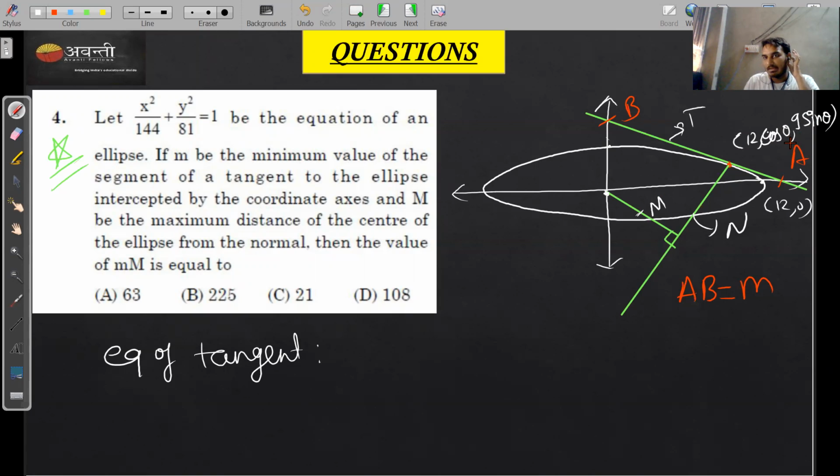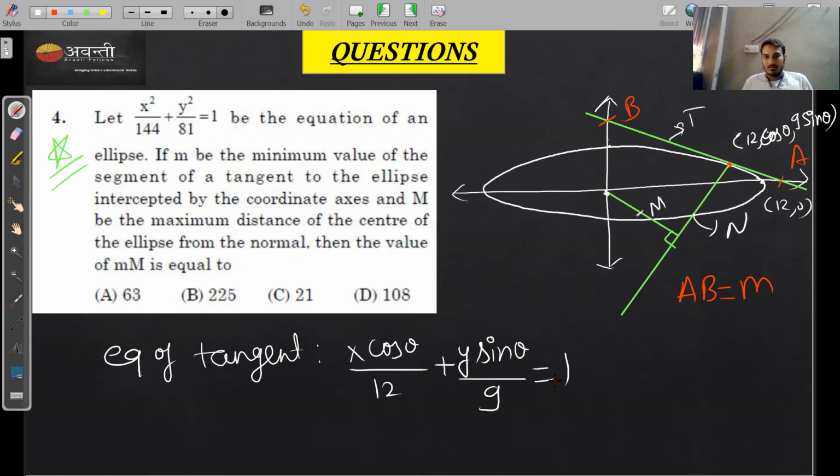Now start solving. This point is on the tangent, so replace x by x1, y by y1, then you get the equation of tangent. So it can be written as x cos theta by 12 plus y sin theta by 9 is equal to 1.